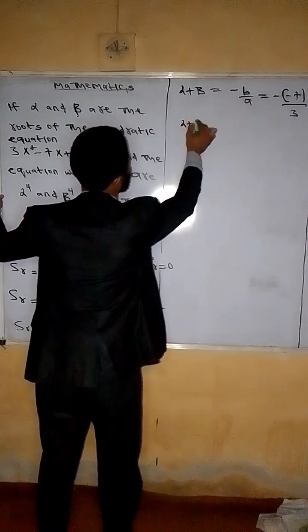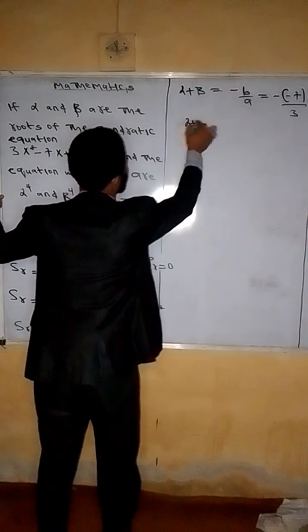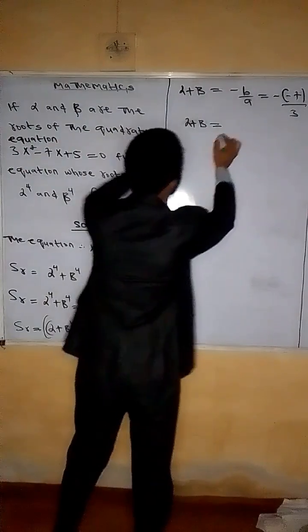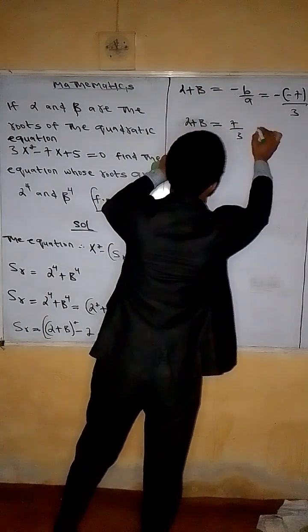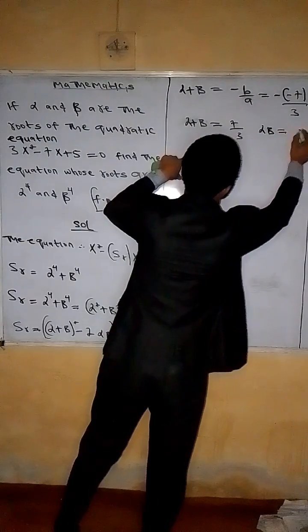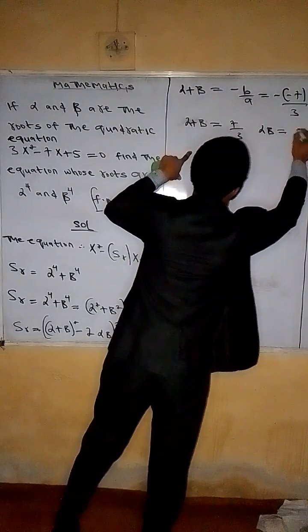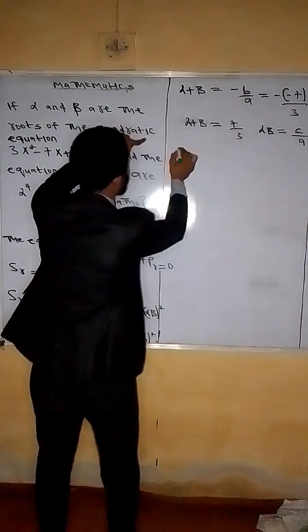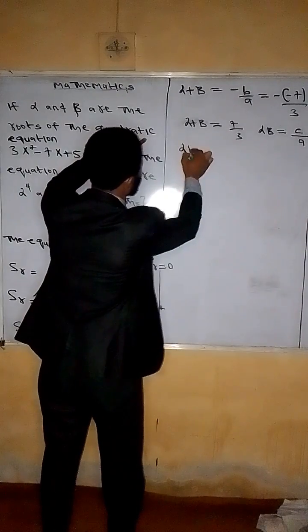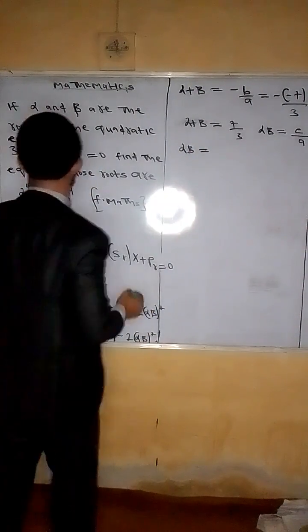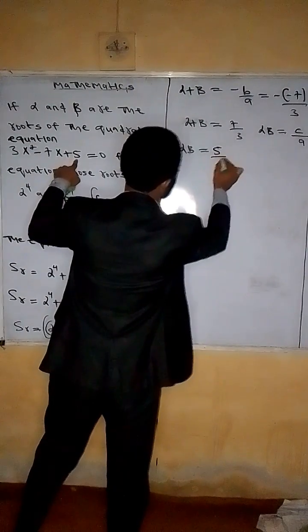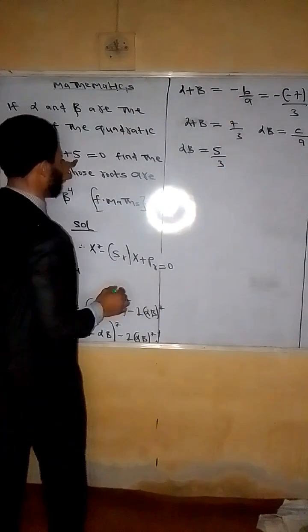So alpha plus beta is 7 over 3. And alpha beta is c over a, which is the product of the roots. Our c is 5 and our a is 3, so alpha beta is 5 over 3.